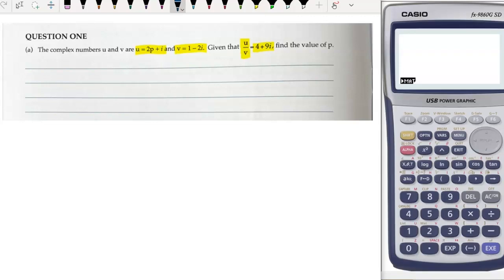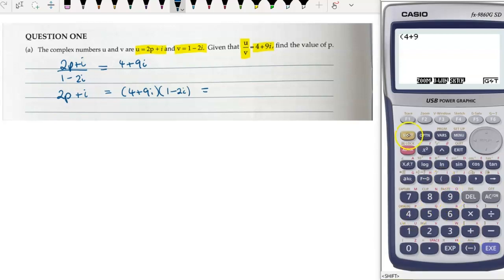So u divided by v is 2p plus i over 1 minus 2i, and that's got to be equal to 4 plus 9i. So we can bring up the 1 minus 2i and multiply it like this. Now that's easy to do on the calculator.